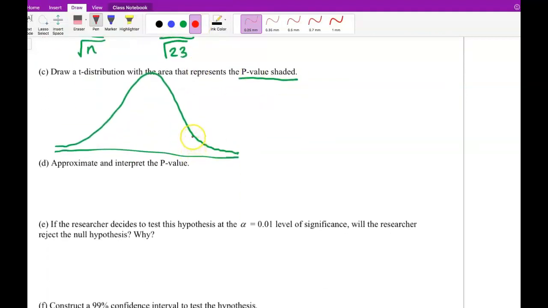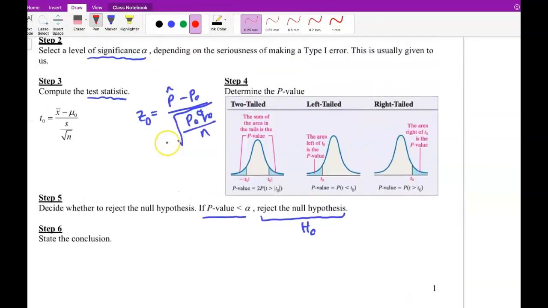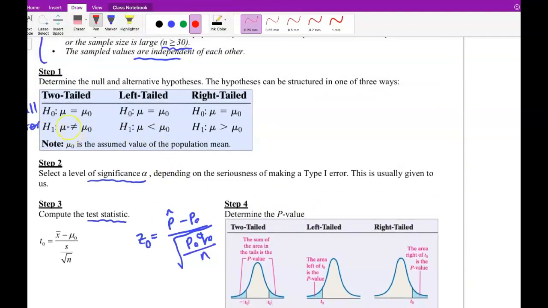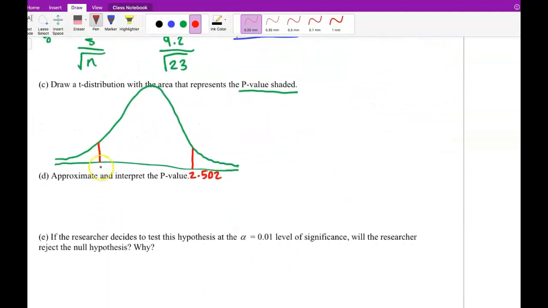Let's say this is our point, that's 2.502. Here is T. On the other side we have negative. Why I'm telling you this is that here we have not equal to, and based on the first page, when you have null equal to and alternative not equal to, that means you want to have two tails. So here we have two tails. On the right we have positive, here is negative 2.502.